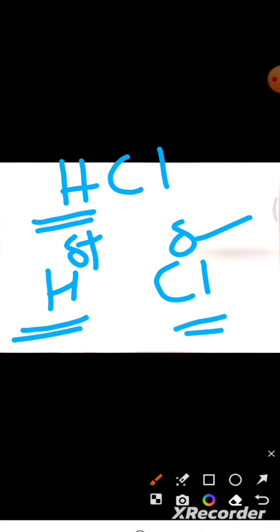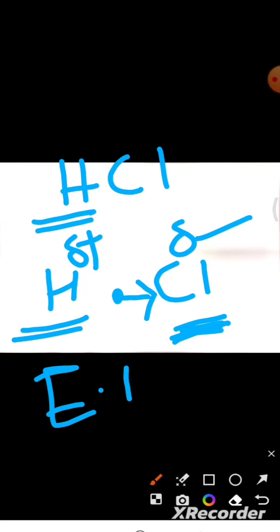So suppose one electron is there, then out of this hydrogen and chlorine, which one will be able to attract this electron towards itself? As chlorine is the non-metal, it has more electrons. So obviously chlorine will attract this electron towards itself. This is only your electronegativity. Electronegativity means to attract the shared pair of electrons towards itself.